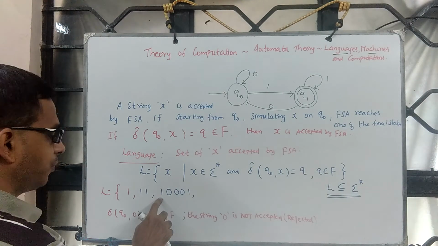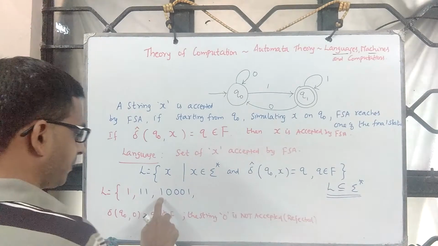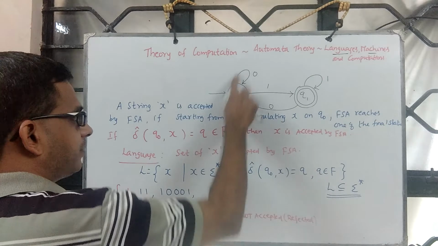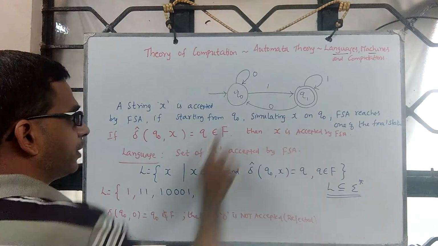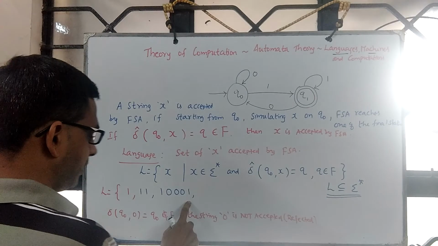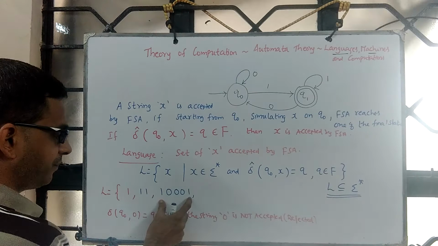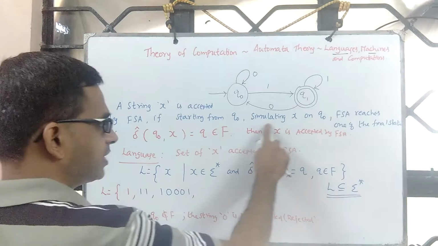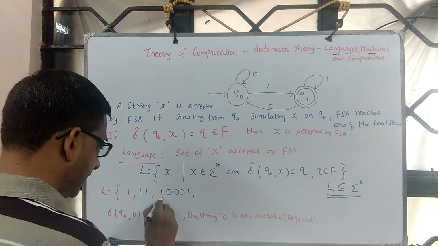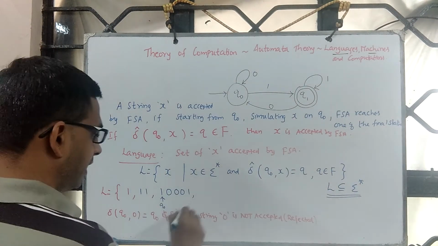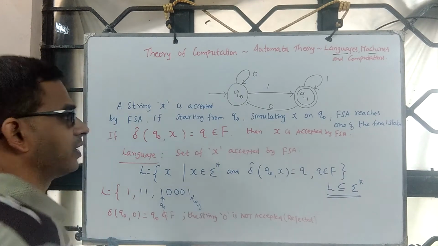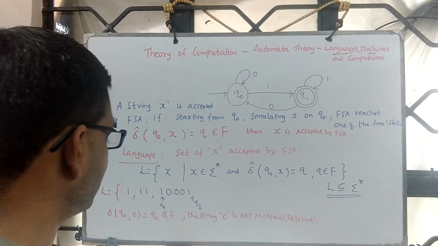Now q0 comma 1, I'll go to q1, then q1 comma 0, I'll come to q0, then q0 comma 0, q0, q0 comma 0, q0, q0 comma 1, q1, which means on simulating x with respect to q0, after reading this string, I should come to one of the final states.